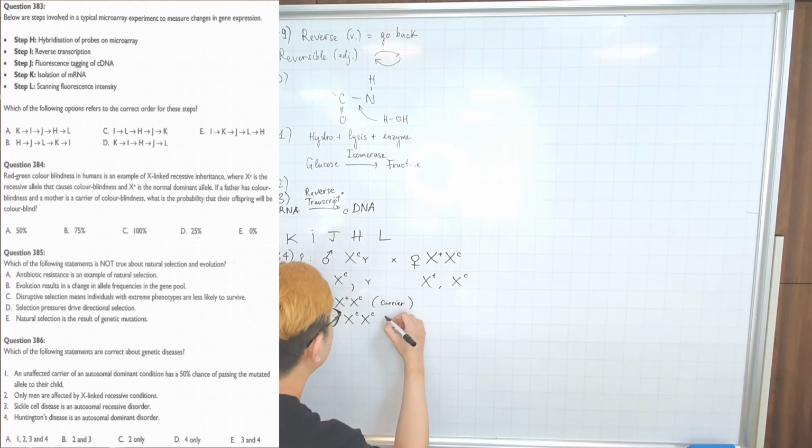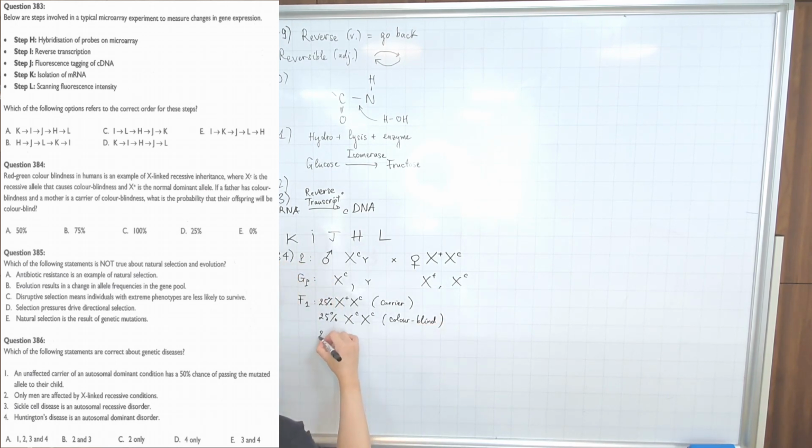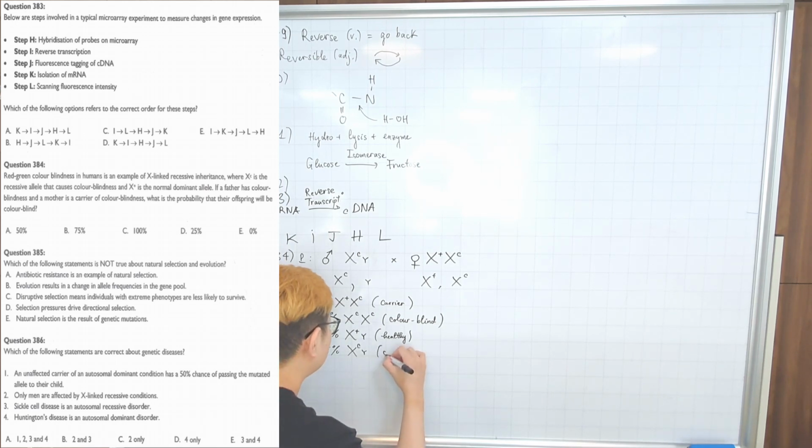This girl is colorblind. 25%. X plus Y, this boy is healthy, okay? Bạn này healthy. 25%. This boy is colorblind.